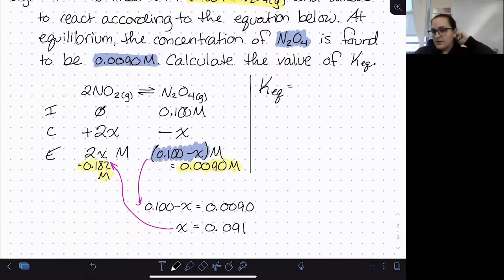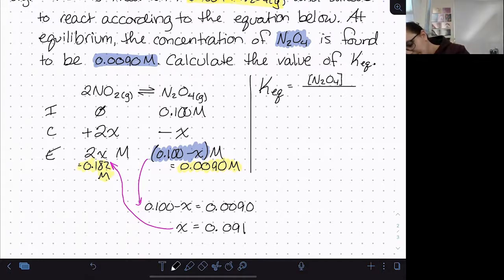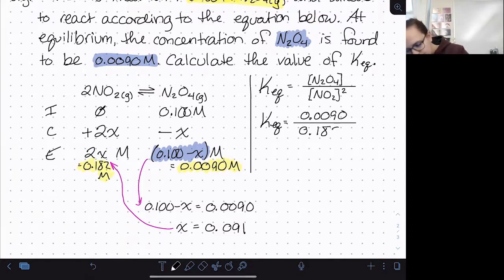So writing our equilibrium expression, we'll have products on the top. So we have N2O4 on top, and then our reactant goes on the bottom, which is NO2, and that has a coefficient of 2, so it gets squared. When we plug in our values, we will have 0.0090 divided by 0.182 squared.